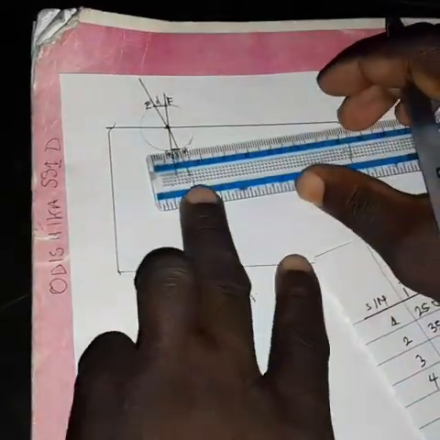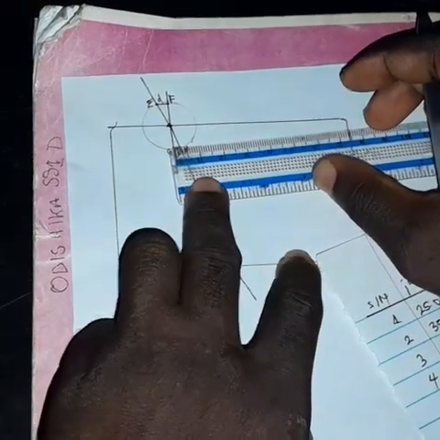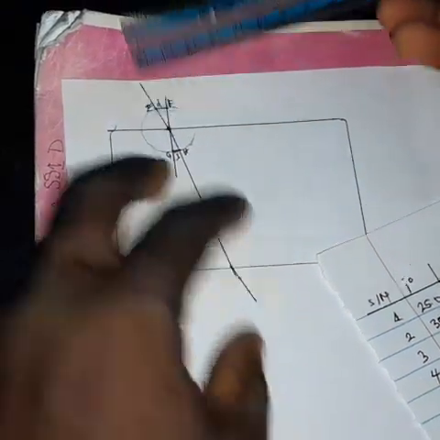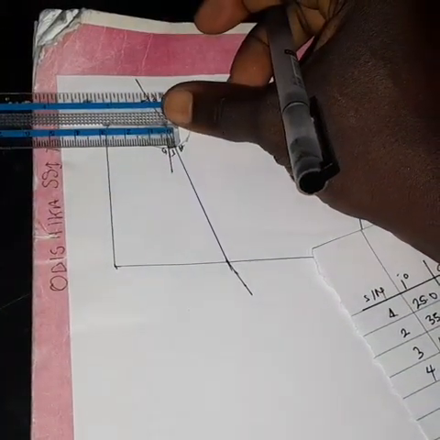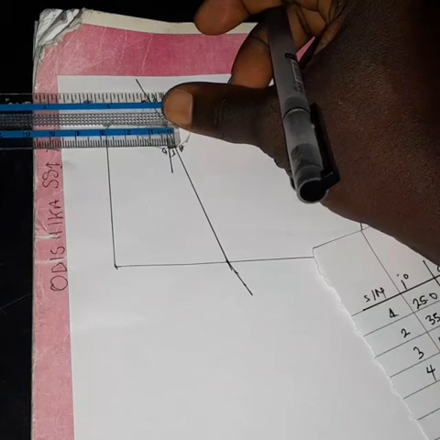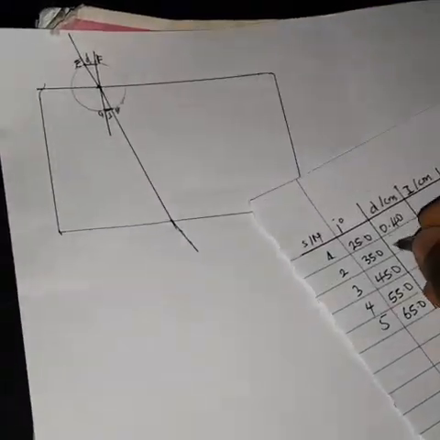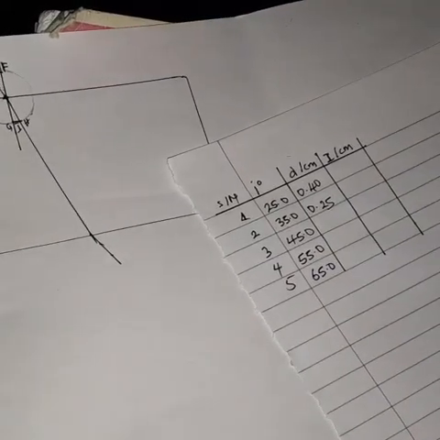Okay, then you have to measure this. And from my measurement here, let me place it this way. So from my measurement here, this is 0.125. So 0.25 recorded here. So the next one now, we'll take this and draw another outline.